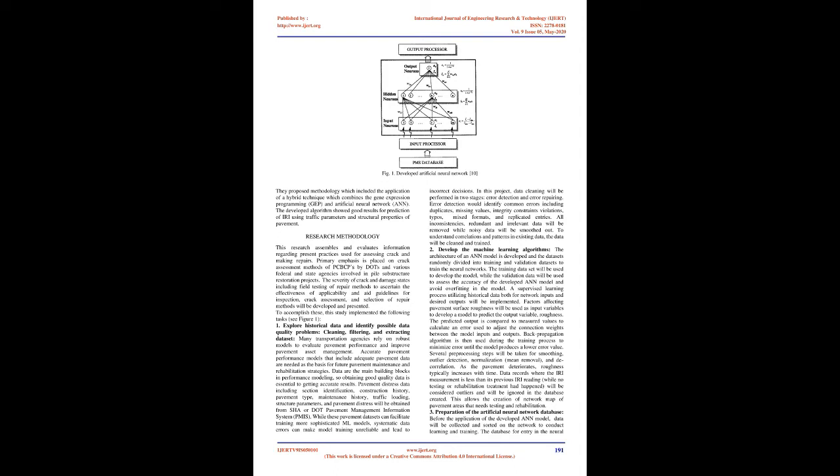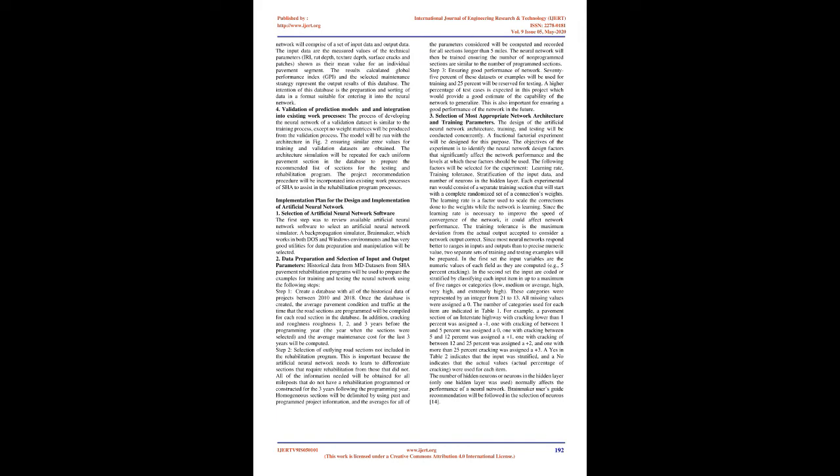Pavement distress data including section identification, construction history, pavement type, maintenance history, traffic loading, structure parameters, and pavement distress will be obtained from SHA or Pavement Management Information System, PMIS.